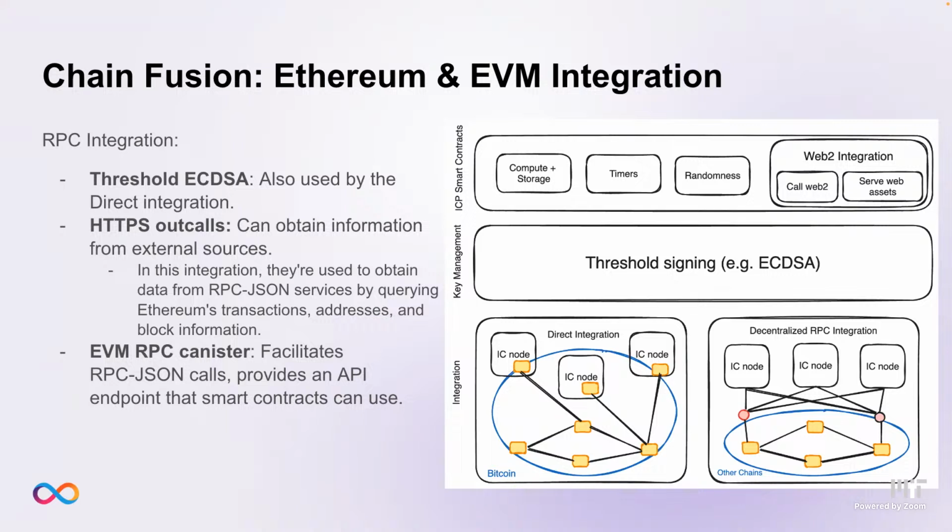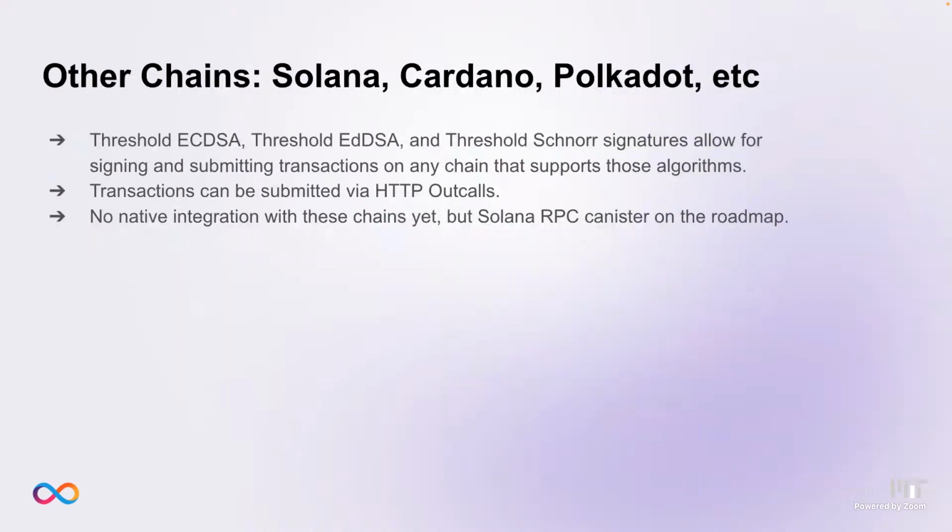And so we are able to use that to communicate with JSON RPC services that query information from Ethereum, and then we query that RPC service and we're able to get information about Ethereum. And then that's also what allows us to sign and submit transactions directly to Ethereum and other EVM chains. Some other chains don't use threshold ECDSA though.